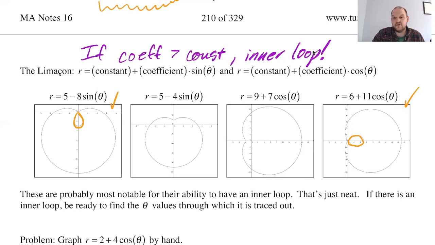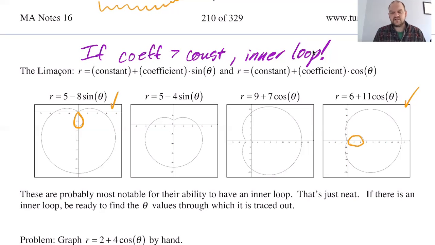Also, they work the same as cardioids, obviously, because cardioids are limacons. So if we have a negative sine, it's going to be predominantly on the negative y-axis because sine tends to go with y. If we have a positive cosine, it'll be predominantly on the x-axis because x tends to go with cosine. And then the opposite will be true. Positive sine is on the positive y, negative cosine on the negative x.